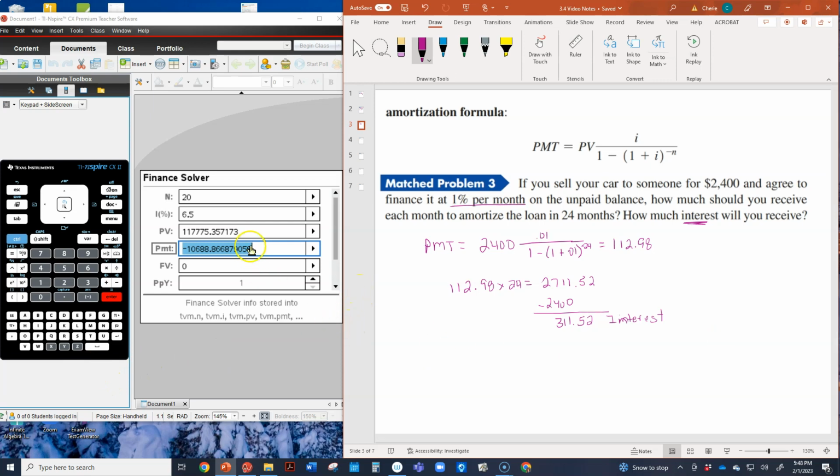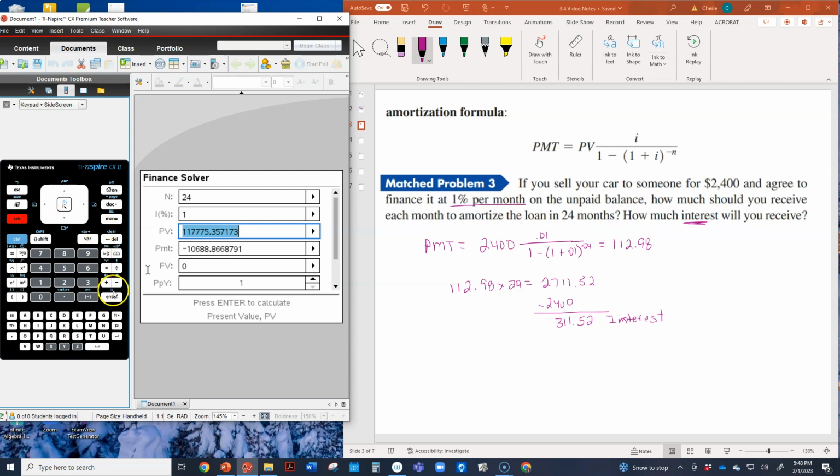If you do this on the TI Nspire, then you're just going to go here and type in 24. And here, I believe, what did I do? I don't remember. Let's just do one right here and see if it comes out right. And we tab down.